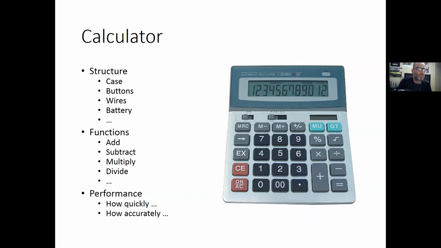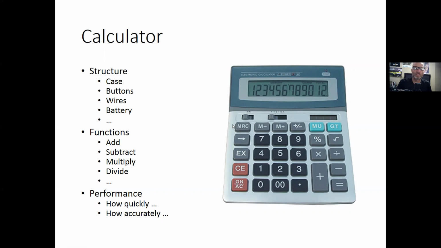And then what's the performance of the calculator? How do we quantify that? Well, it's how quickly calculations are made, how accurately they're made, how many decimal places are illustrated in the display, things like that. It's how well the functions are done. Okay, so this is always easy to think of a calculator, and sometimes to improve a calculator, maybe we want to have some different structures.